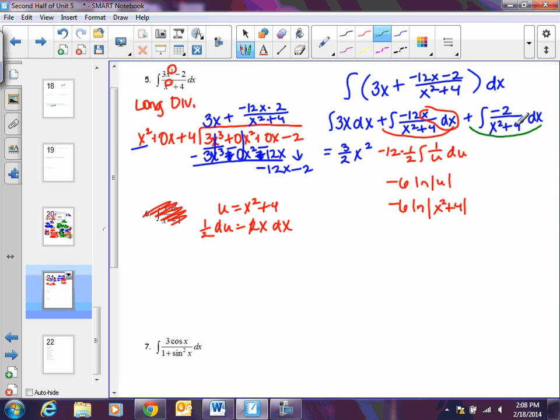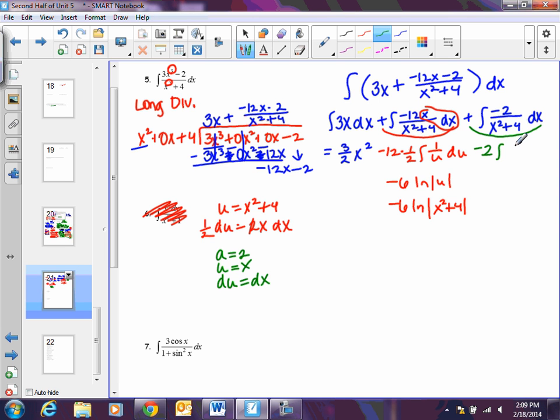Now for the last piece. This is the new part. The first thing you're going to do is move the negative 2 out. Okay, so I'm going to come over here again. What's my a in this problem? 2. U, at least here, is x, and du is dx, so at least catch a break there.